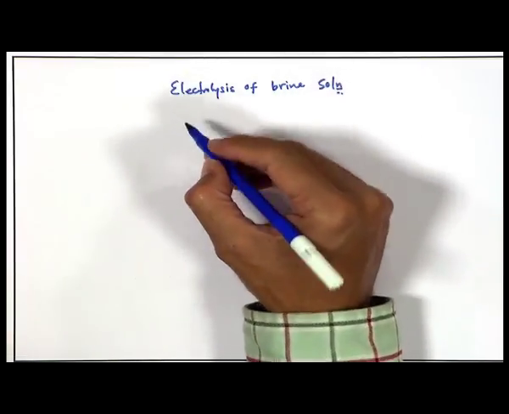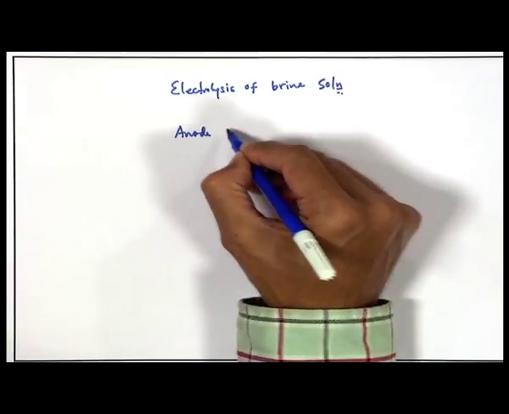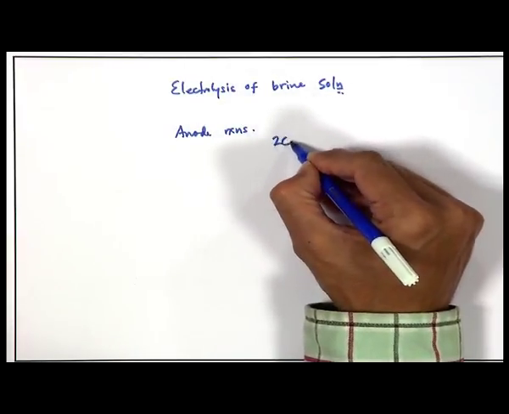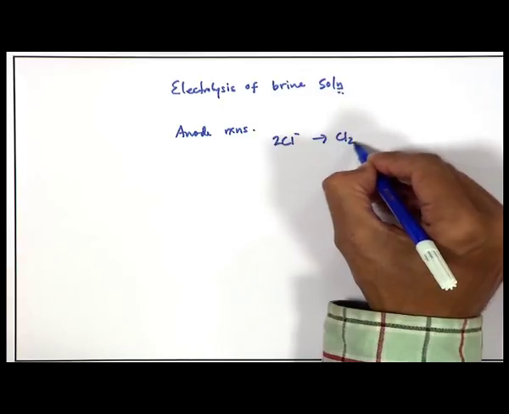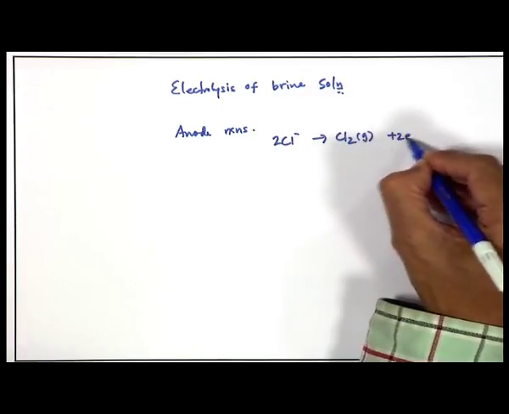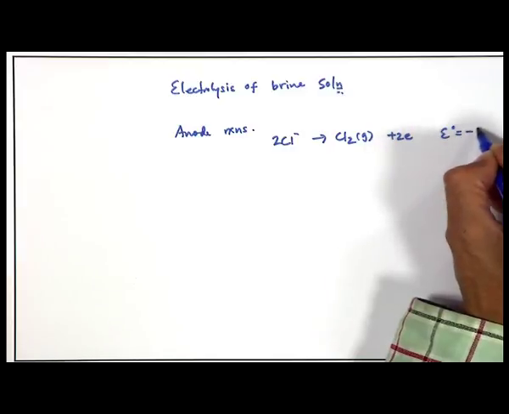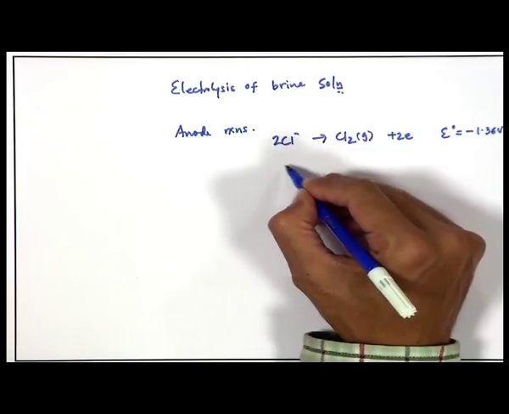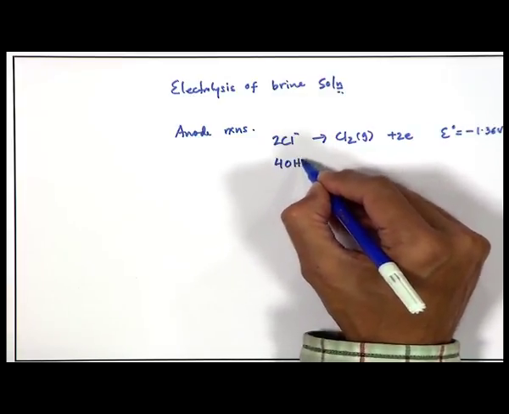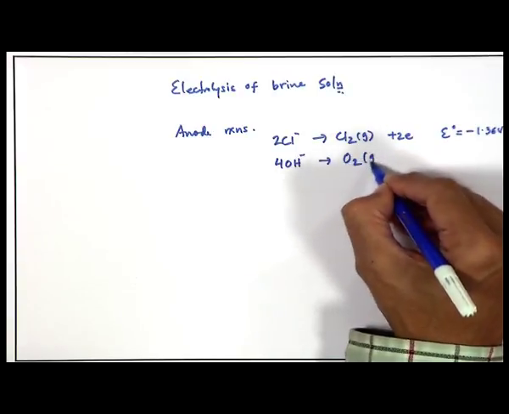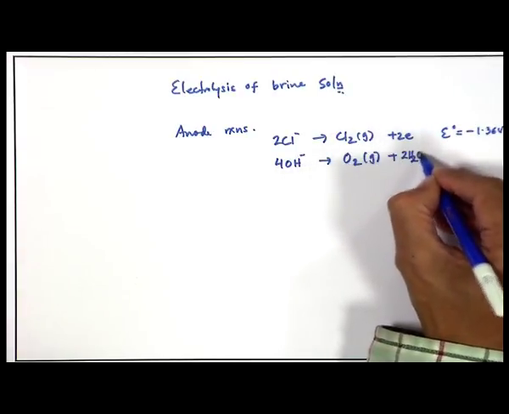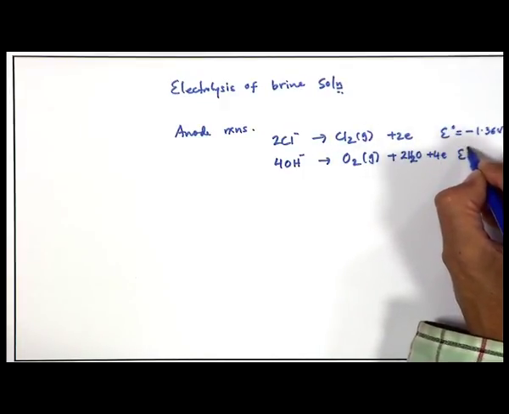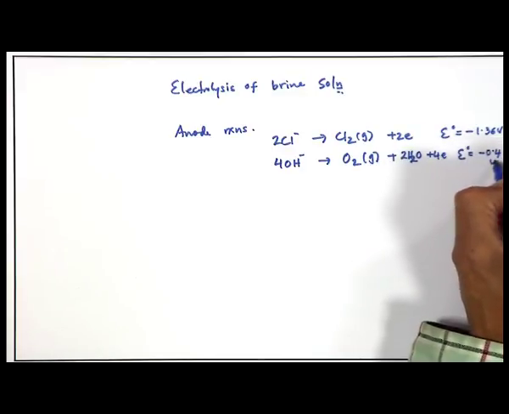So, in this case, we can write two anode reactions: 2 Cl minus giving rise to Cl2 gas plus 2 electrons, its corresponding E naught is equal to minus 1.36 volt, and 4 OH minus giving O2 gas plus 2 water plus 4 electrons. Here E naught is equal to minus 0.4 volt.